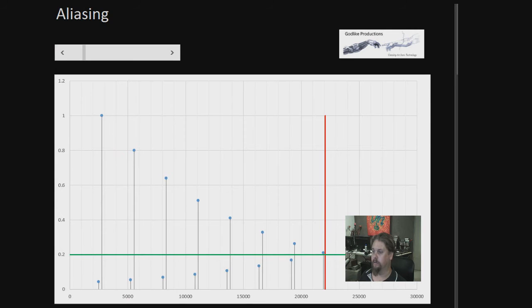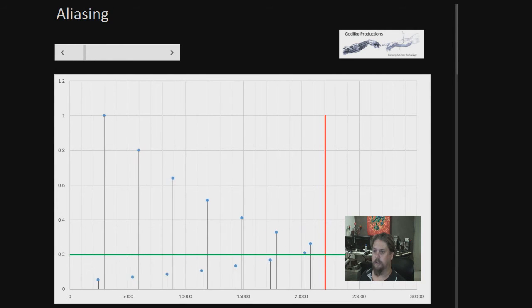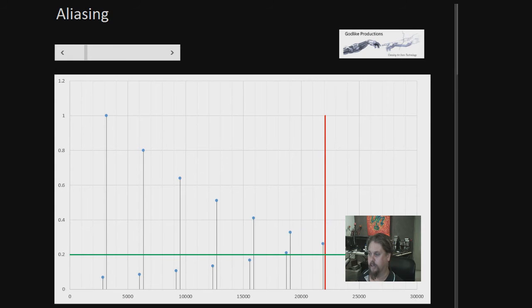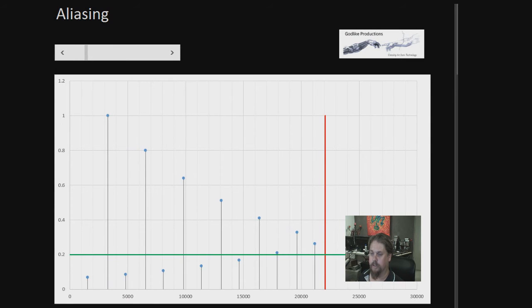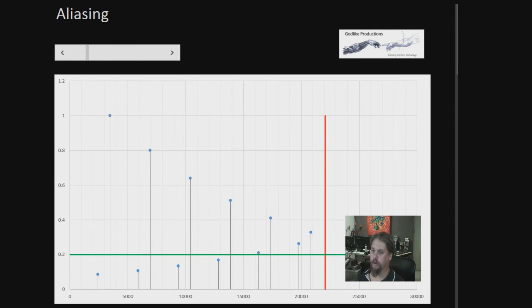Now you can see that the dot just above the green line is starting to come back, and it's not in the harmonic series. The next dot is coming back too. So you're getting a clash of frequencies, and that's exactly what aliasing is.